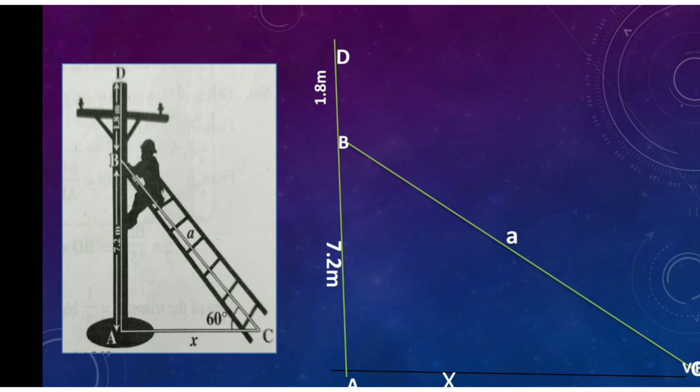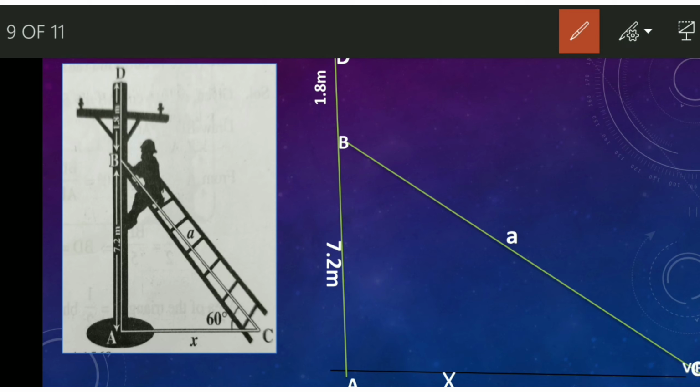And here they assumed AC, that is the distance between the foot of the electric pole and the foot of the ladder. The angle between them is given as 60 degrees. Okay.